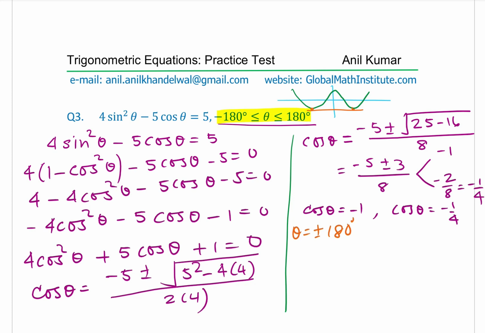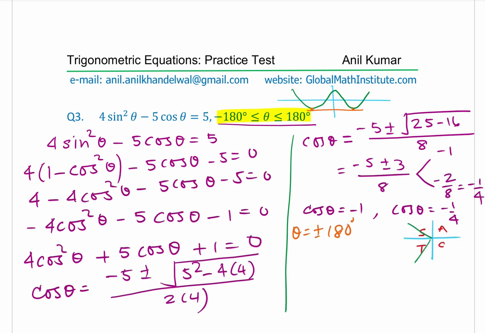For the other one, which is cos inverse of minus 1 over 4, minus means we are in which quadrant? It is quadrant 3 and 2, right? So in this particular case, cos is negative. Let's apply the CAST rule once again. We know that the solution lies in these two quadrants, negative value.